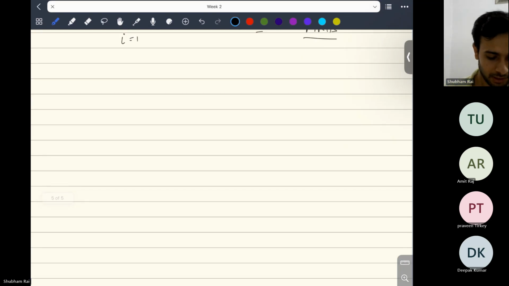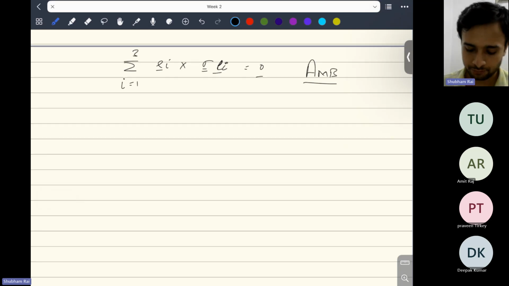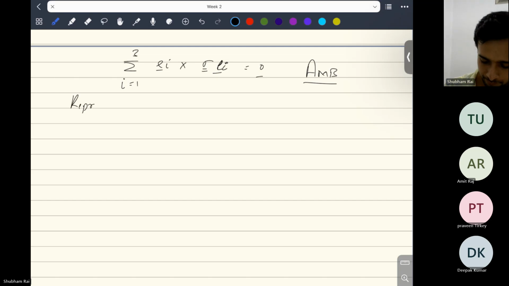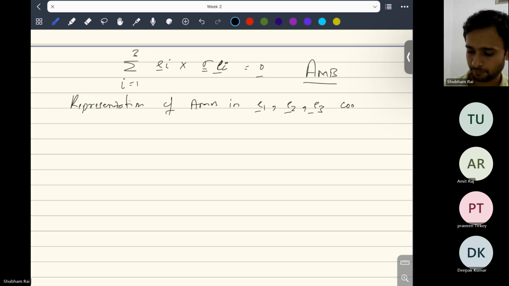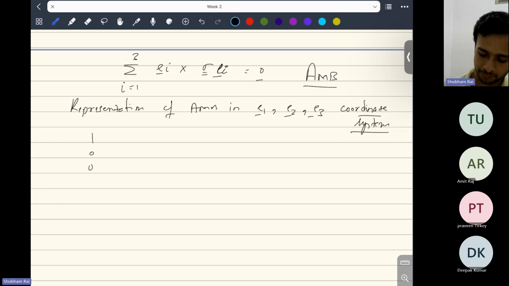So if we represent this in the coordinate system e1, e2, e3, how will it look? Representation of angular momentum balance in the e1, e2, e3 coordinate system. If you put i equal to 1, that will be the cross product between (1, 0, 0), e1, and sigma e1.